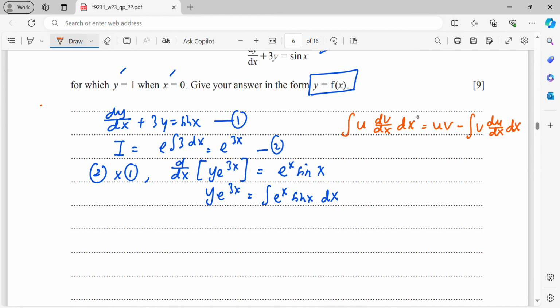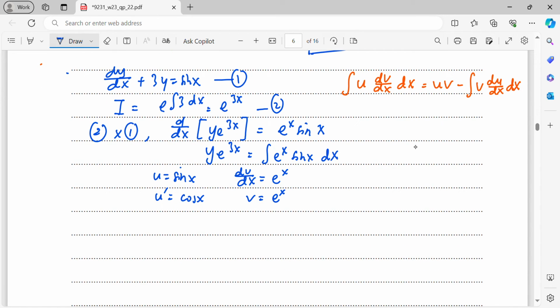Okay, so now I will let u be trigonometric. My u equals sin x, my u prime, du/dx, is cos x, then my dv/dx is the exponential function, then my v is the exponential function.